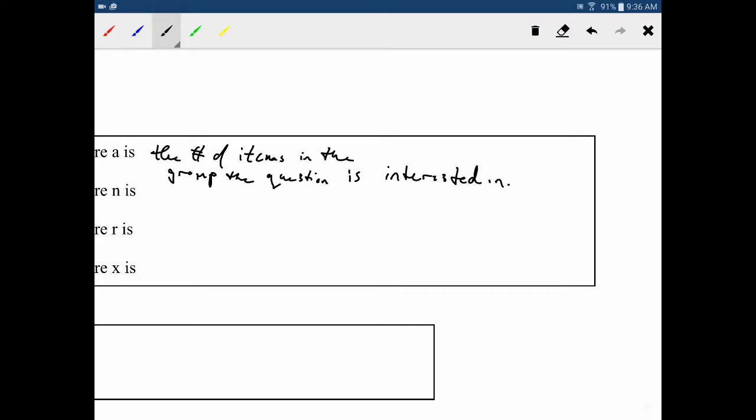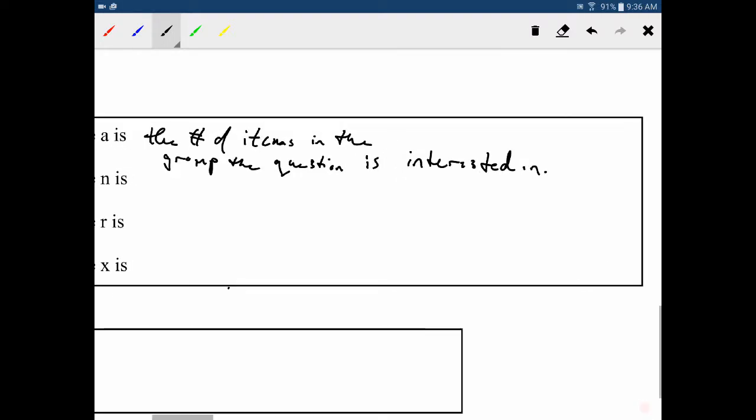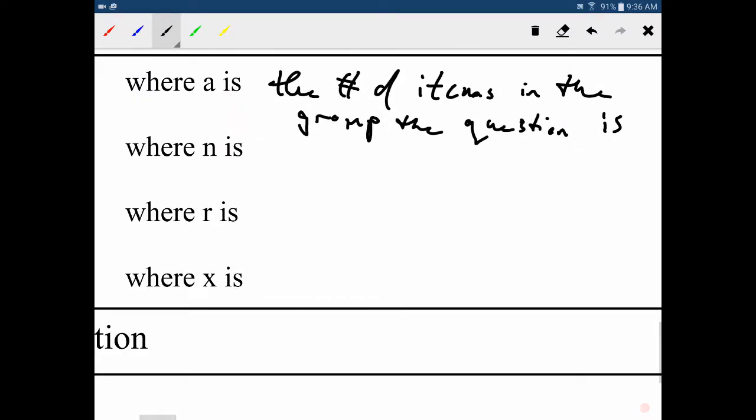N is the total number of items. R is the number of items being selected.